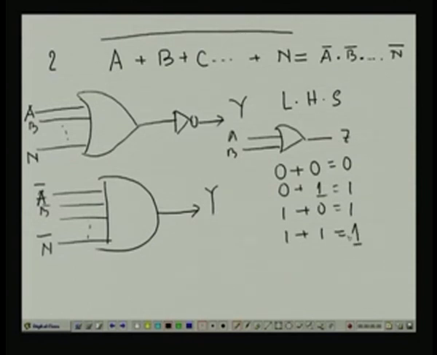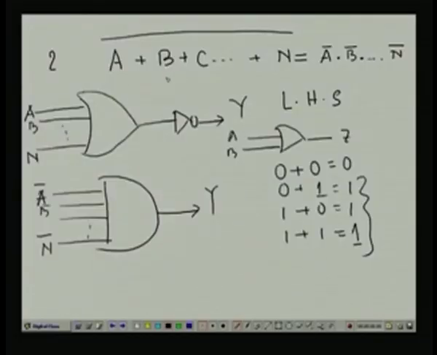See that out of 4, that 3 cases it will be 1. That means, if any one of the input variable is 1, then the output is 1. So, if we now extend this concept, that for n input OR gate, if any one of the n variable is 1, then output will be 1.